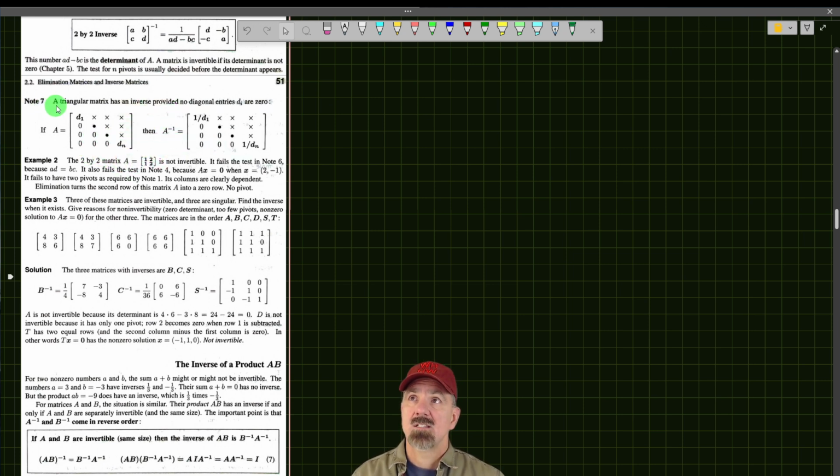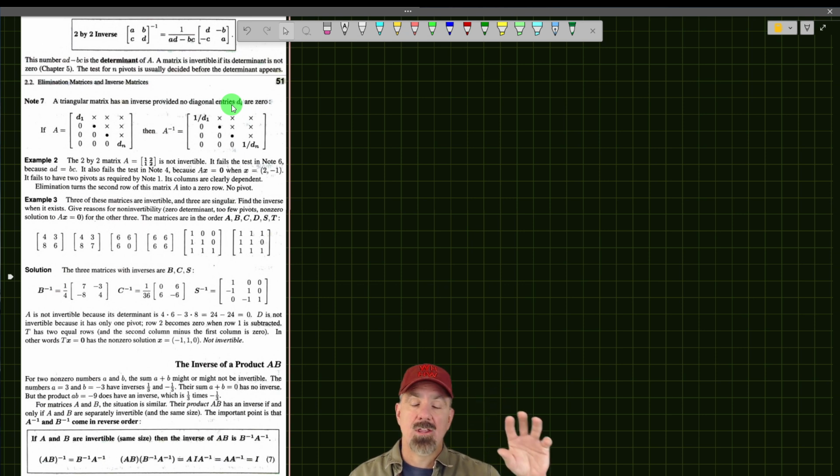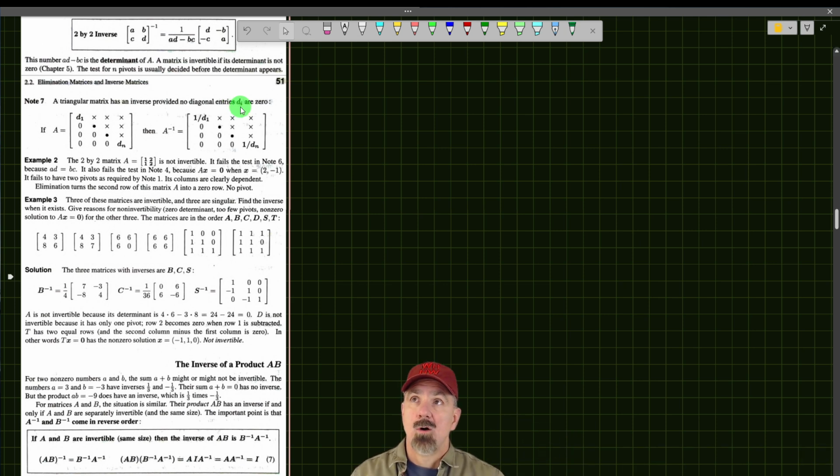So what he says is, a triangular matrix has an inverse provided no diagonal entries are 0. So if a matrix is triangular and the elements along the main diagonal are non-zero, then the matrix is invertible. Now, we must be very careful. He's done something that I think is a little bit confusing here.